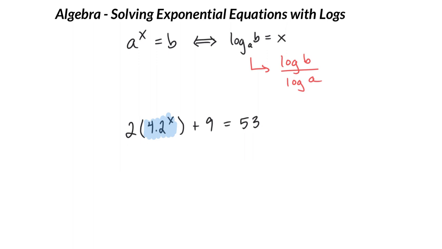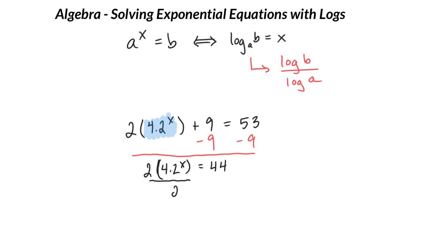So we're going to solve around. We're going to do minus 9, which leaves us with 2 times 4.2 to the x equals 44. We're going to divide both sides by 2. So we have 4.2 to the x power equals 22.